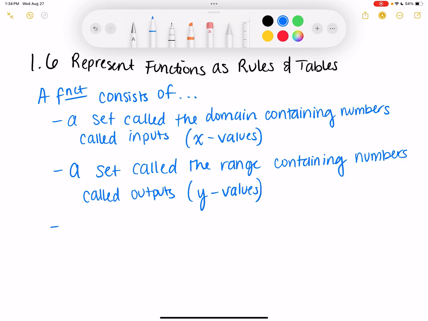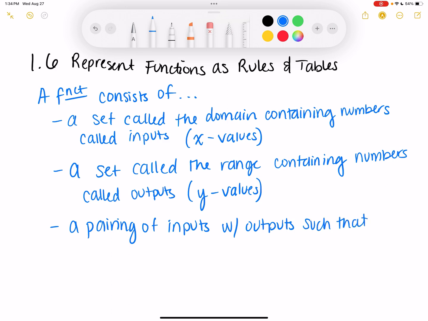And it is a pairing of inputs with outputs such that each input is paired with exactly one output.